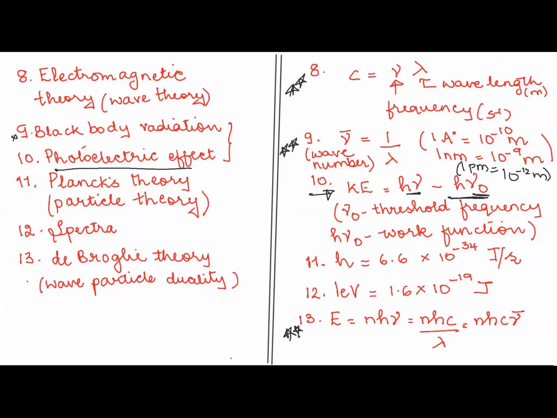This frequency is called the threshold frequency. Above this frequency, you will see that there is ejection of electron. You will see photoelectric effect. This whole term h nu naught is called the work function. Work function is the minimum energy. Above this energy, you will observe photoelectric effect. So this question has been asked, not that it has not been asked from this concept, it has been asked, but not very important.